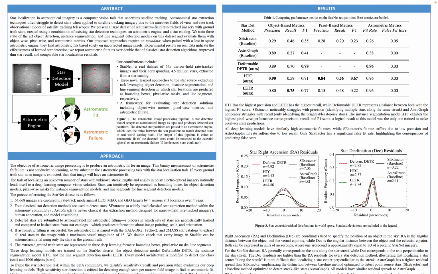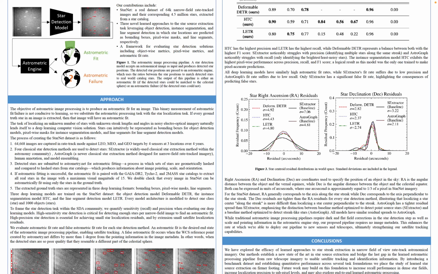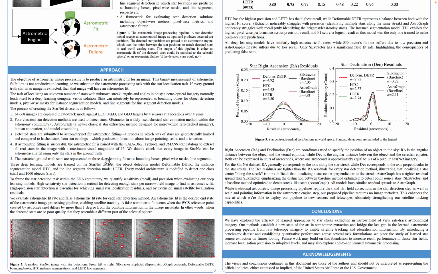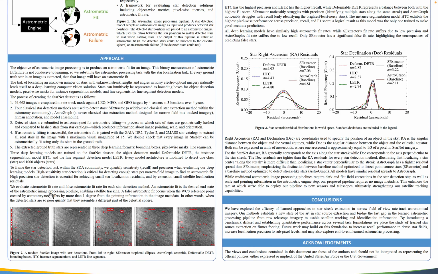So before we train the models, we have to build the dataset. We begin by capturing all of our images from telescopes, and then we use traditional star detection methods to detect the stars in these images. Source Extractor is a very widely used classical star extraction method, and Astrograph is a newer classical star extraction method. We use both of these methods, and some example star predictions from them are shown here at the bottom.